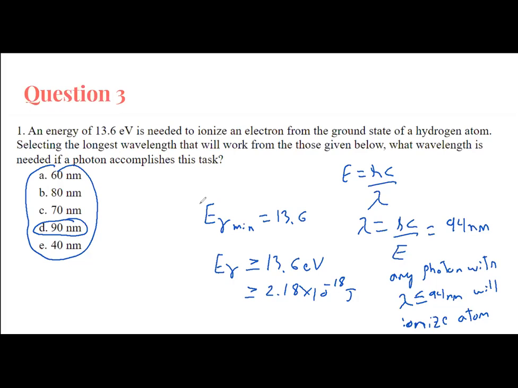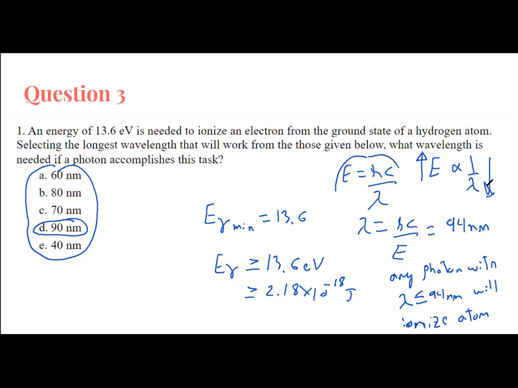Yeah. Okay. Now, if you look at the formula, the energy of a photon is inversely related to its wavelength. So for higher energy radiation, the wavelength gets shorter. Any photon that's more energetic than the minimum ionizing photon has a shorter wavelength.